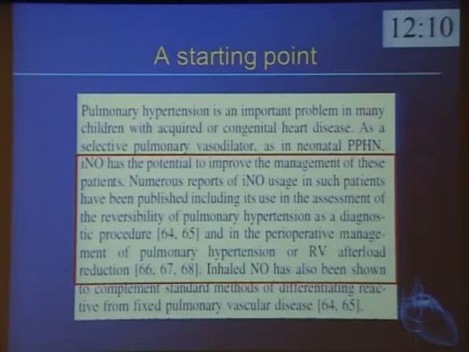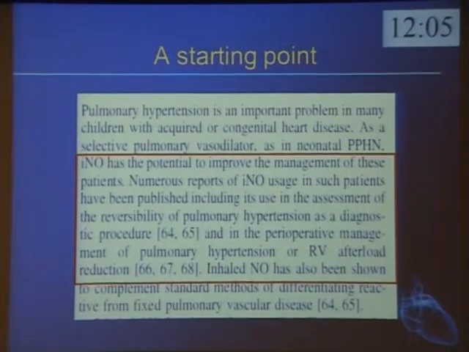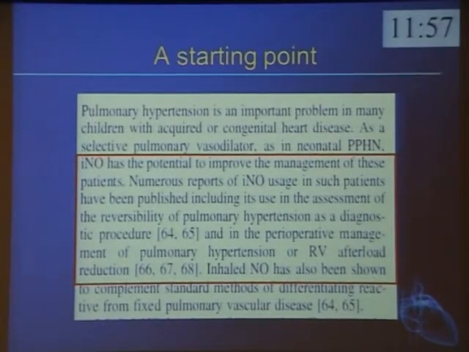There are a lot of data supporting the use in neonates with pulmonary hypertension, and a lot of data supporting the use in post-op cardiac patients, pediatric cardiac patients, and also a lot of data that support the use in right ventricle dysfunction in those patients, not only for the treatment of pulmonary hypertension.